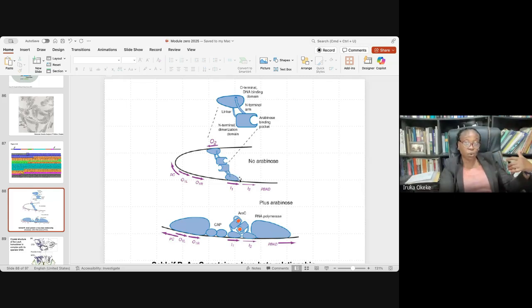And also allows it so that the parts that are going to bind DNA at particular sites, notice that the sites are labeled, that those parts are exposed on the right face of the protein. And also the parts that is going to recruit RNA polymerase also is able to do that. So it's a protein that can do many things based on its shape. And this is true of all proteins.